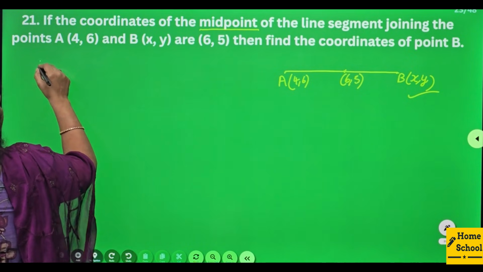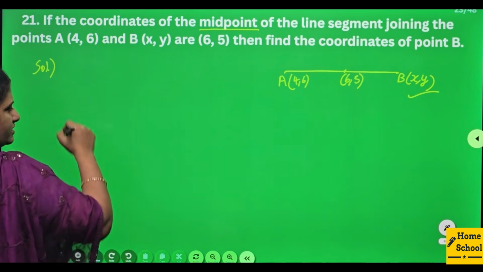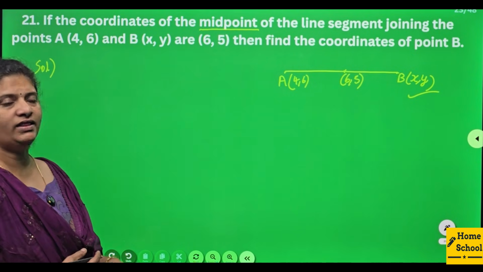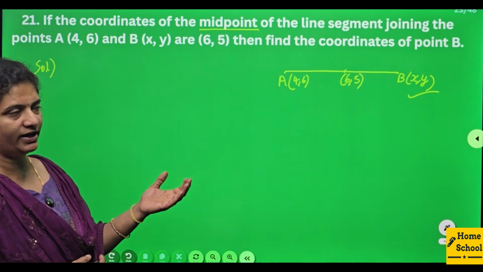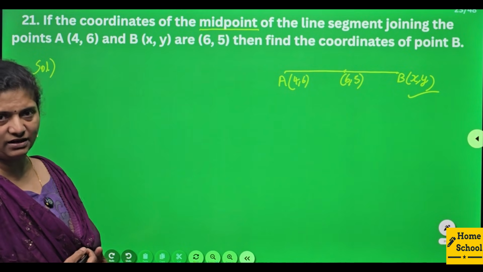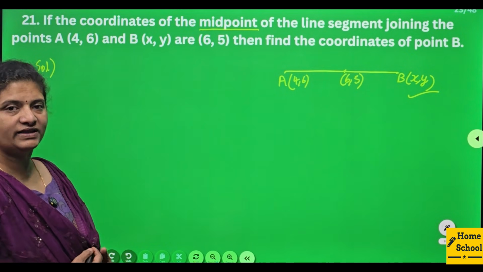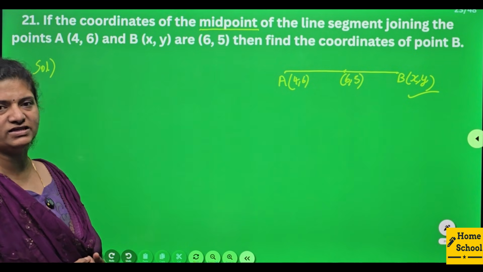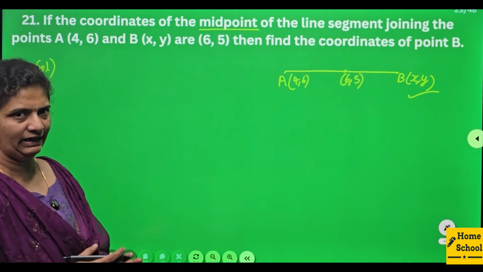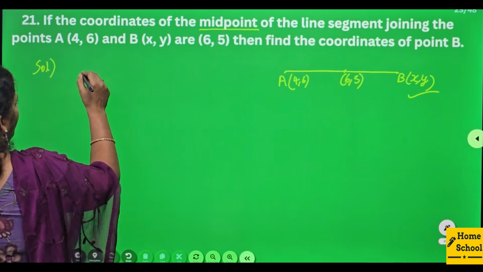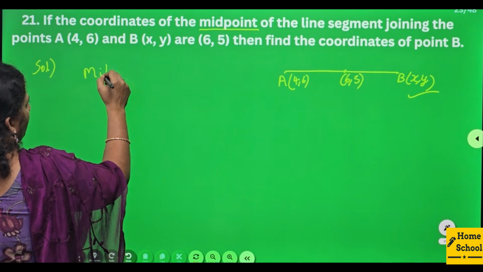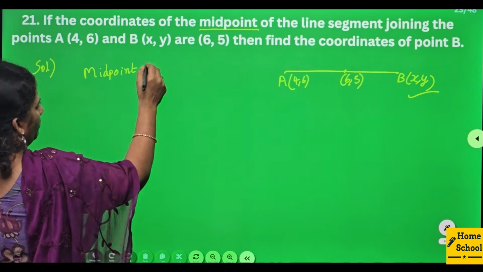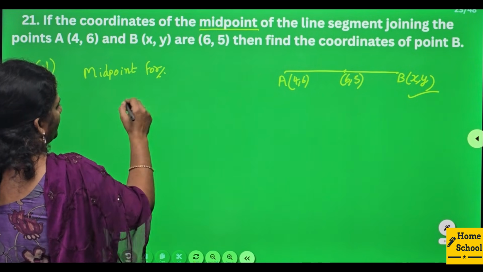So while you are starting your solution, write the given data and all neatly. Given the line segment joining coordinates A (4, 6), B (x, y), and the midpoint of this line segment is (6, 5). B (x, y) is equal to question mark, like this. Write neatly. Now directly I go with the formula, that is the midpoint formula. What is the midpoint formula?